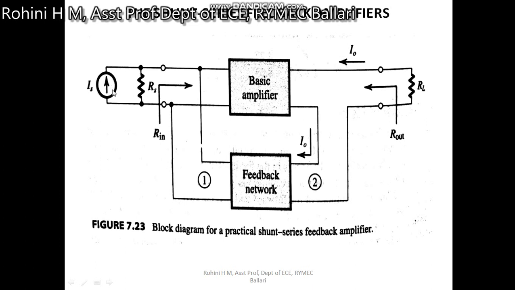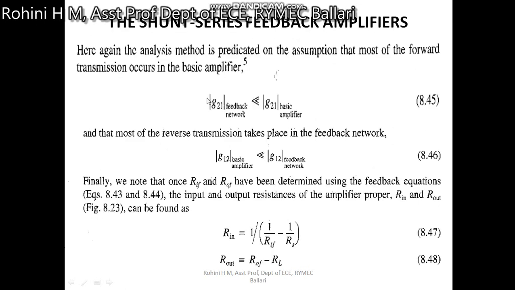So here we are providing input current and output current. This is the A circuit, the basic amplifier circuit, and this is the beta circuit. This is port 1 and this is port 2. For a practical feedback amplifier, we assume that the forward transmission occurs in the basic amplifier.